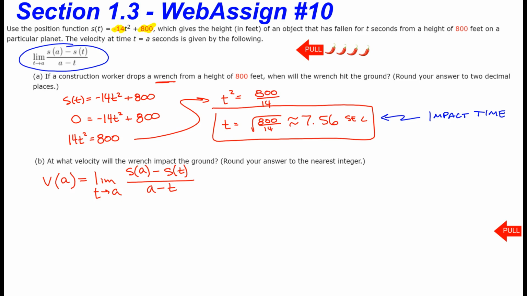Well, for starters, let's just look at this expression right here. The position at time a, and what we're interested in is that 7.56.